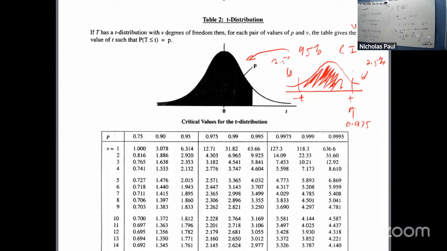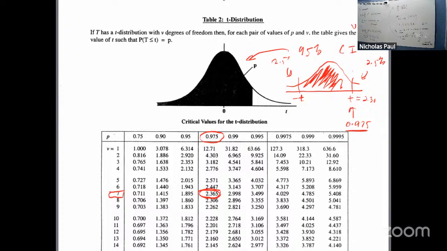Now we have to figure out what that t value will be. You're looking for 0.975 on top, and 7 degrees of freedom. That will coincide right there, 2.365.